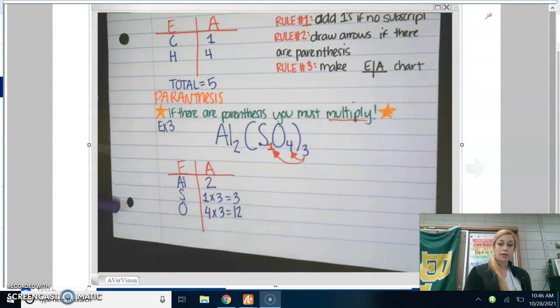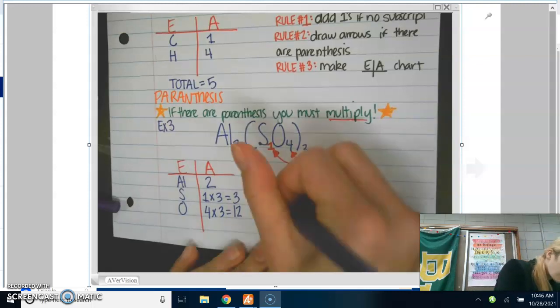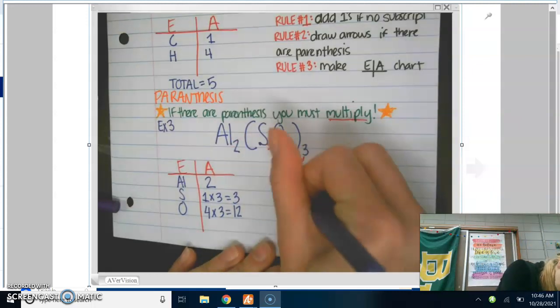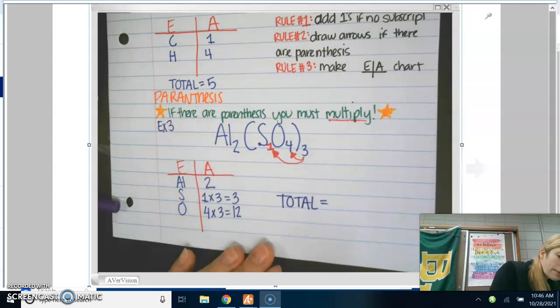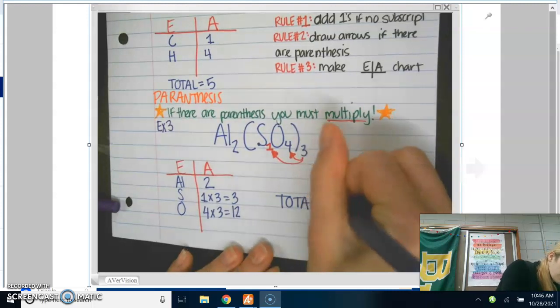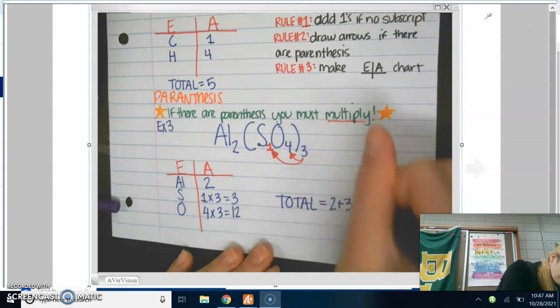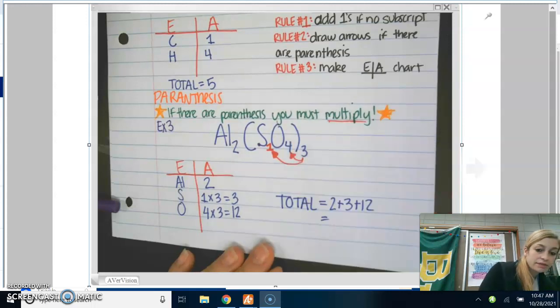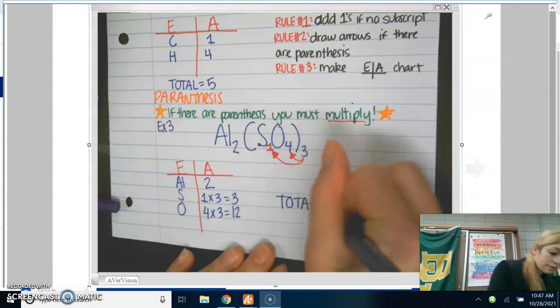All right, am I done? Are we good to go? No, part of our EA chart is putting our total. So I'm adding 2 plus 3 plus 12. That gives me 17.